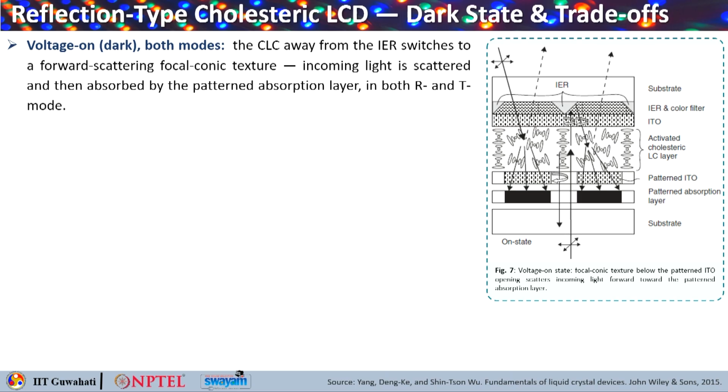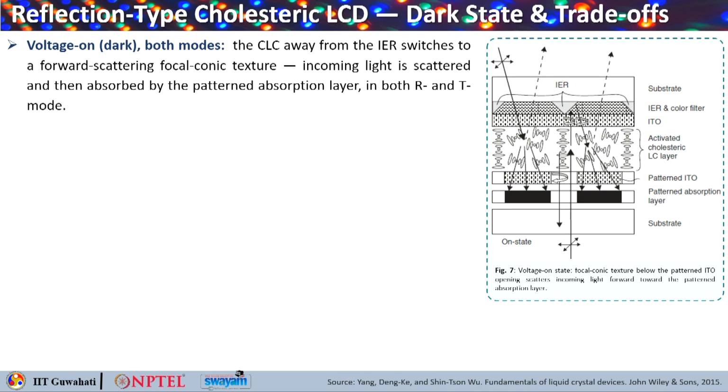Here in this slide we can complete the discussion of this reflection type transflective cholesteric LCD by covering its voltage on dark state, and then we can deliver a balanced assessment of the strengths and weaknesses of this one to close out this particular category.